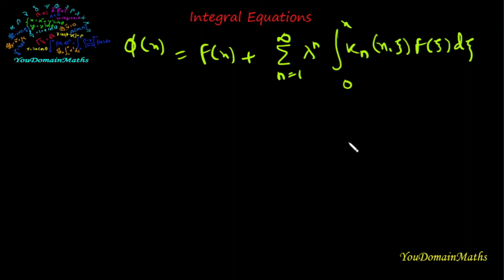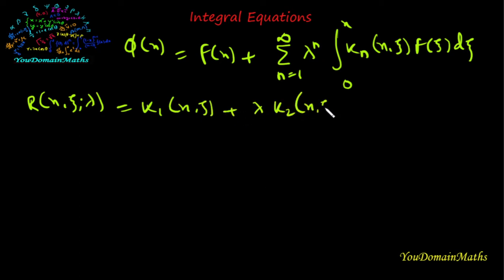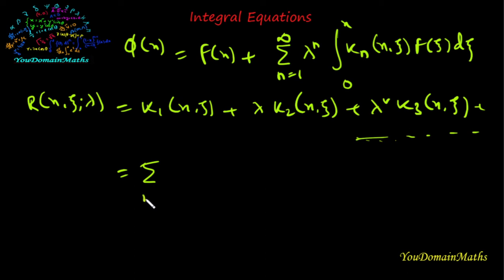The resolvent kernel R(x, ξ; λ) equals K1(x, ξ) plus λK2(x, ξ) plus λ²K3(x, ξ), and in summation convention, the sum from n = 0 to infinity of λ^n K(n+1)(x, ξ). When we put the values of n here, we find this series.